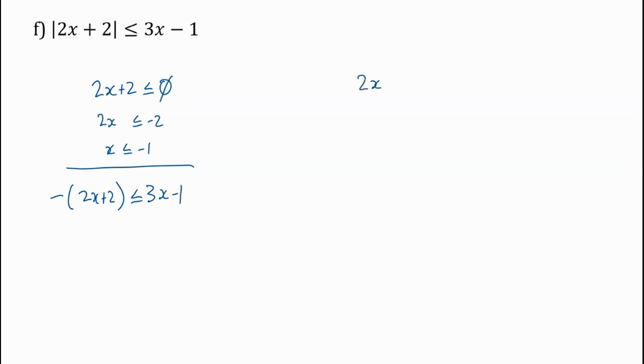Case number 2 is 2x plus 2 is greater than 0. Again, where you put the equal sign on one or the other, or I suppose both, but it's got to be on at least one of them. The argument of the absolute value is positive in this case. This is how we're setting it up, so we don't put a negative sign out front.